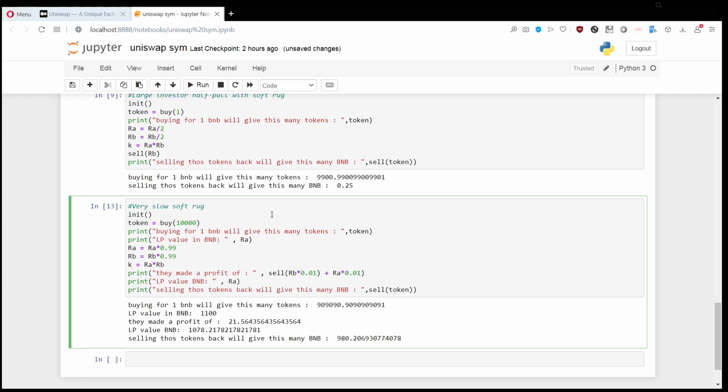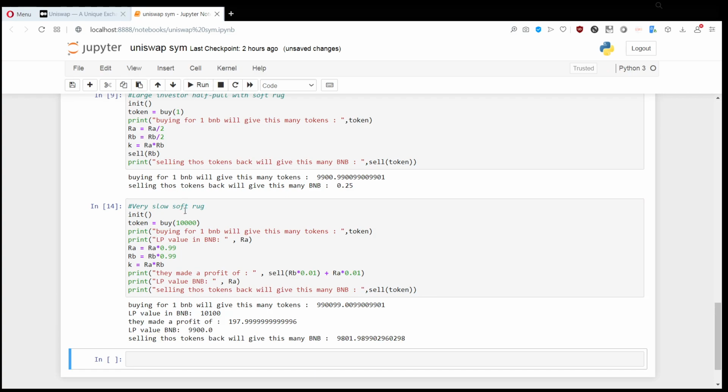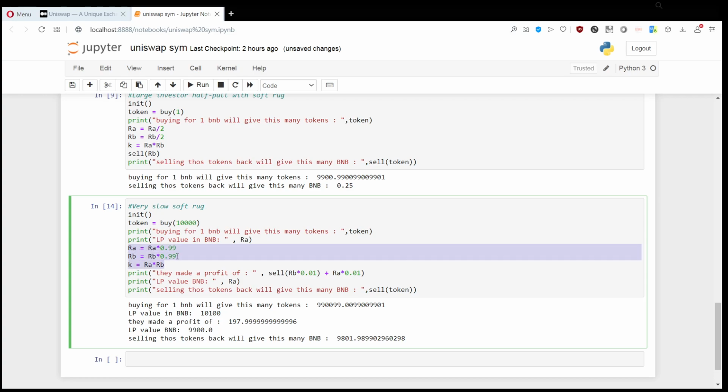And this can go on with tokens where the liquidity pool is tampered with on a daily basis, that they are doing that to make profit off you. It's a very slow bleeding of the value of your tokens.